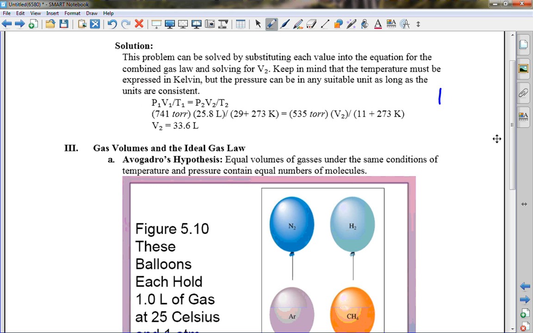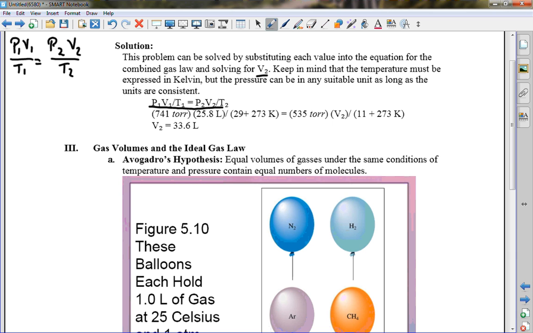Again, if we're solving for V2, the original equation was P1 V1 over T1 is equal to P2 V2 over T2. That's what this equation is showing you.